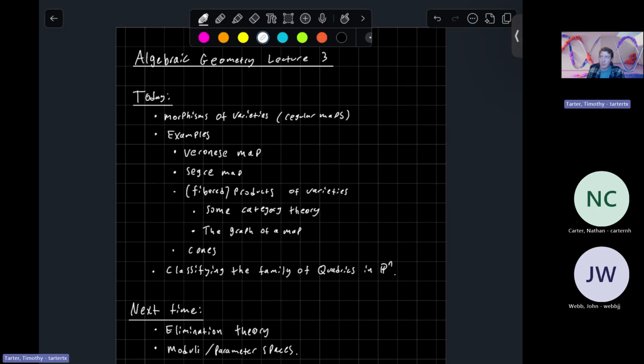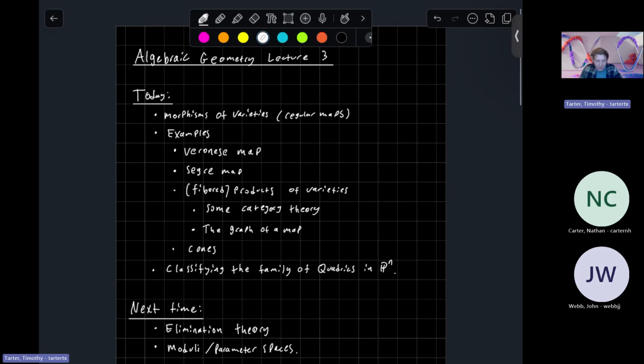So last time, 2 weeks ago, we talked about regular functions on affine varieties and regular functions on varieties in general. And we said that a regular function was a function such that on some Zariski open covering of the variety, for each open subset, we could write the function as a quotient f over g, where g was not zero on that subset.